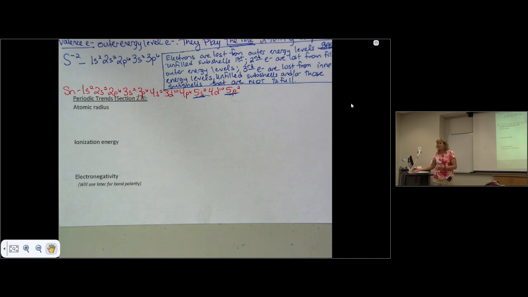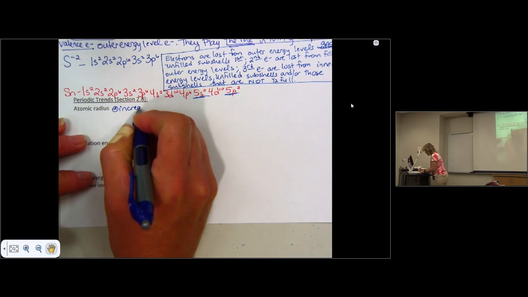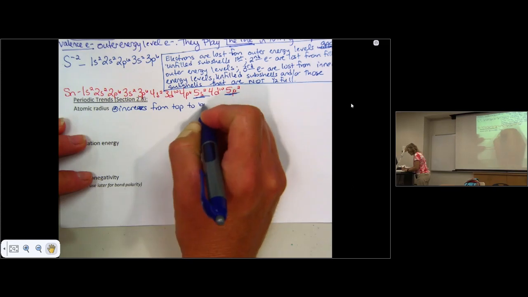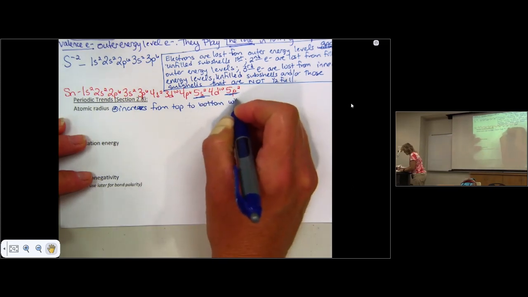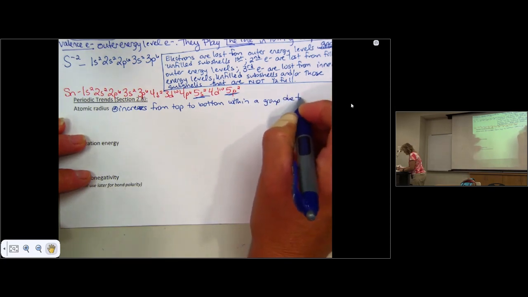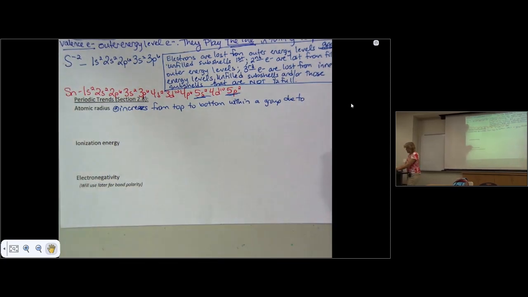You've just answered and basically said this trend yourself. You've answered the question of why the trend is what it is, and you've answered the question of what the trend is. So atomic radius means how big am I? What's my diameter as an atom? So here's the trend. Atomic radius increases from top to bottom within a group due to, now go ahead and answer it, due to what?